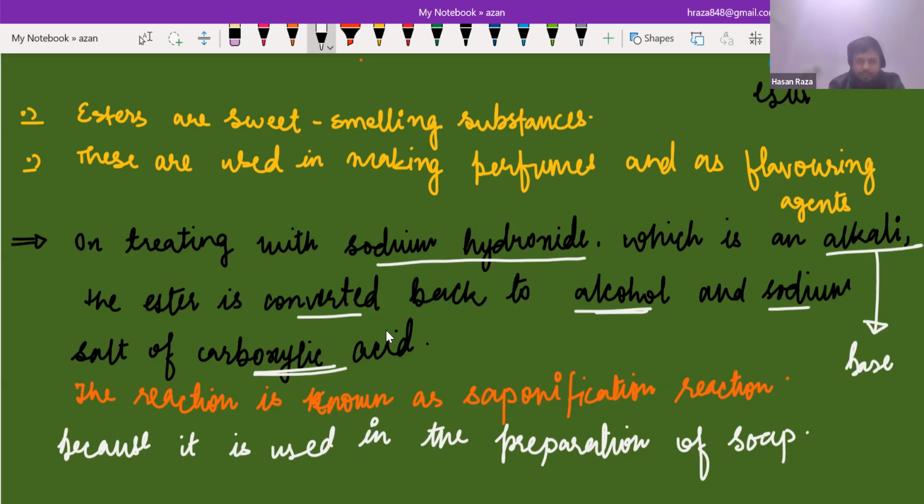There can be a lot of types of questions, like why the reaction is known as saponification. Saponification, because it is used in the preparation of soap, and the reaction is very important. Please do write it and then let me know. After this topic, we have soaps and detergents. Then our syllabus for the board will be over.